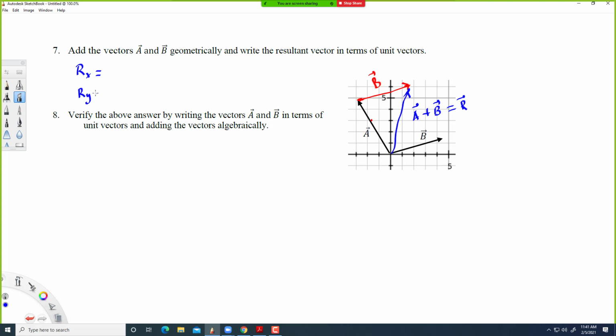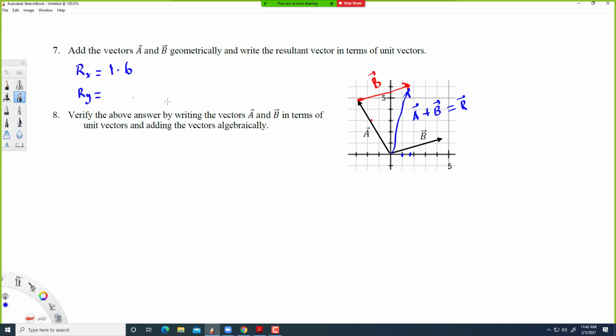Count how many divisions you have along the x-axis and how many you have along the y-axis. For the x-axis, it looks like one division and a little bit more than one division, more than 1.5. So 1.5, 1.6, around 1.6 maybe. So I will just estimate it as 1.6. Okay, so 1 and then up to here 1.6.